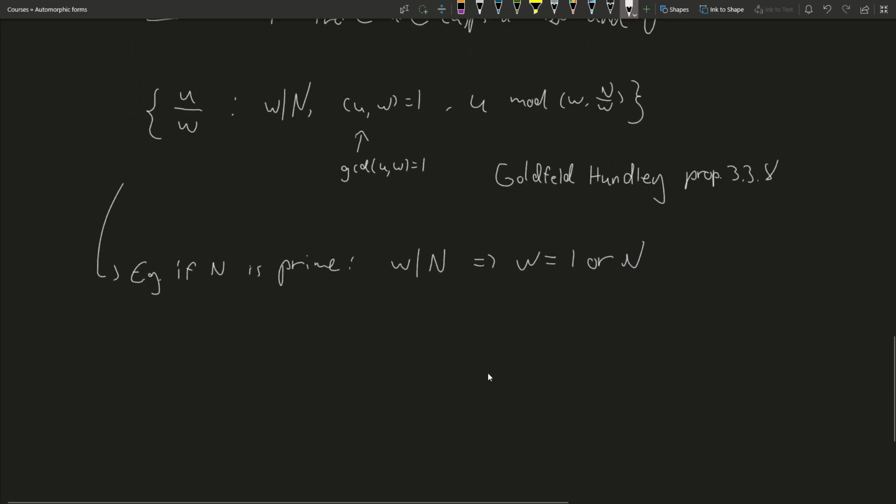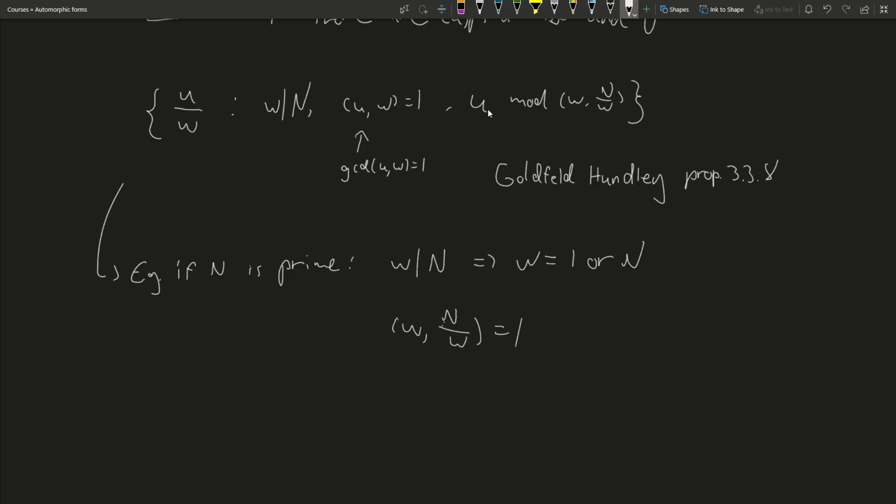And then we're ranging over u mod the GCD of w with n over w. When w is 1, this is the GCD of 1 and n, which is 1. And when w is n, this is the GCD of n and 1. So this is always ranging over u mod 1.